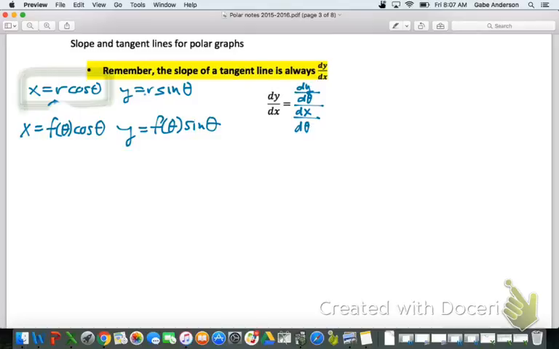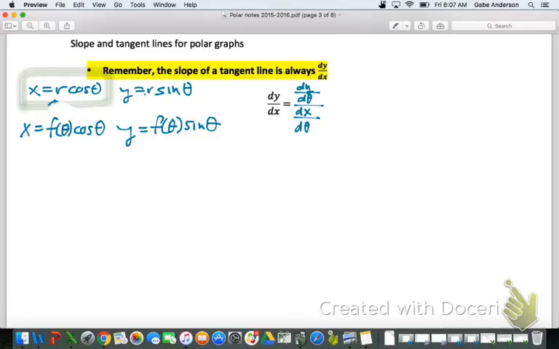Is that okay? Okay. So what brings this to a challenging spot is that both of those are products. And so if our ultimate goal is to get dy/dx, we're going to have to do dy/d theta. We're going to have to do dx/d theta. But in order to do that, we're going to have to do a product rule. Here's what that would look like.